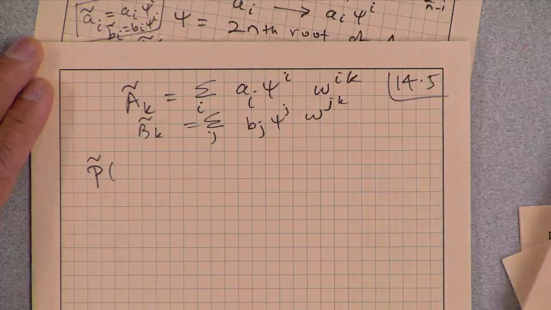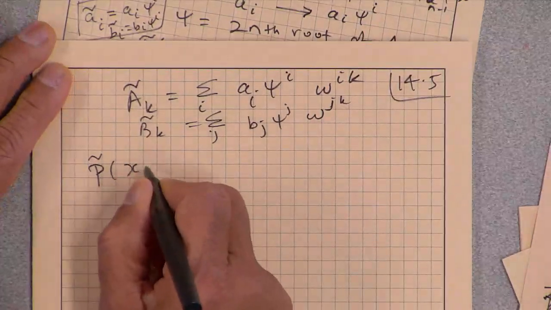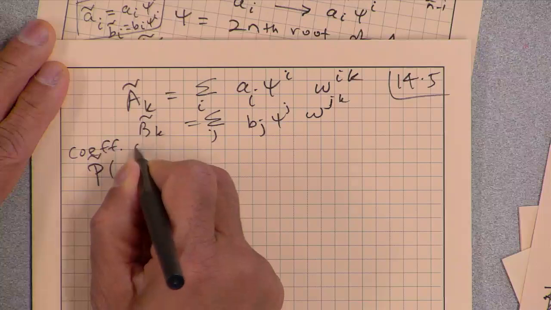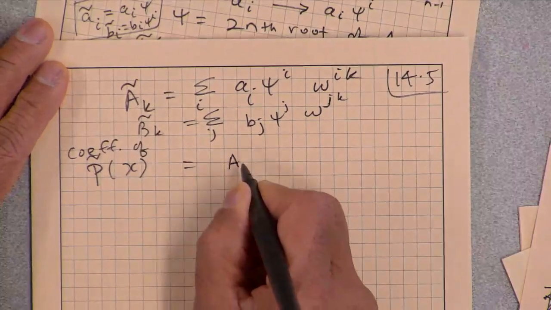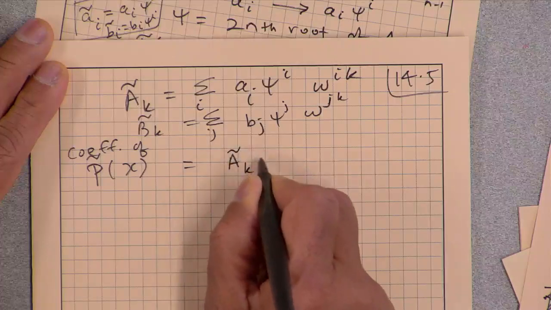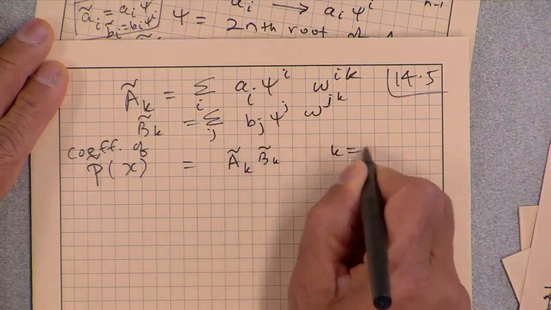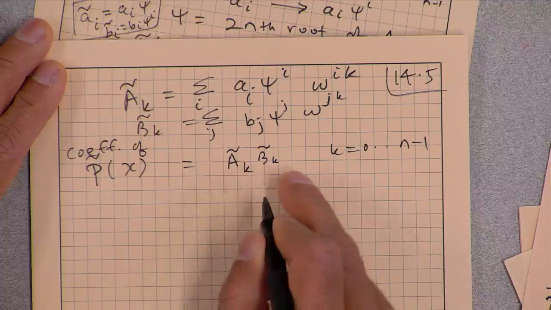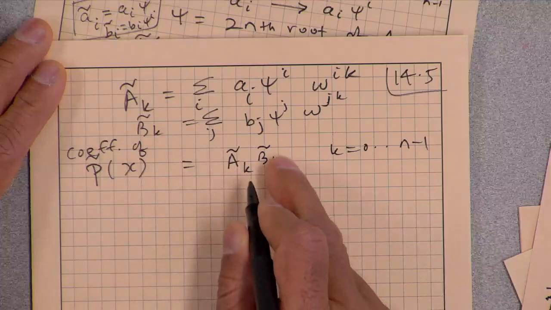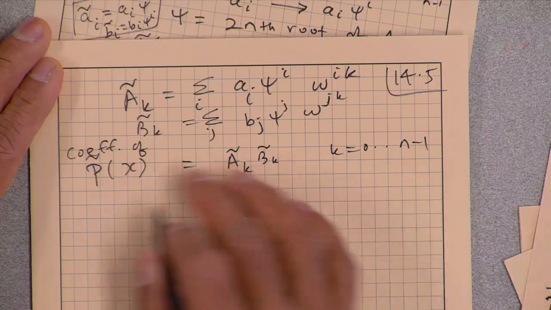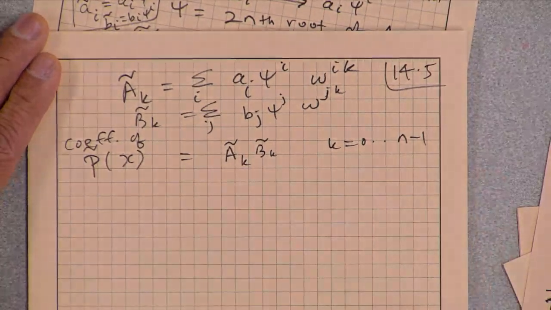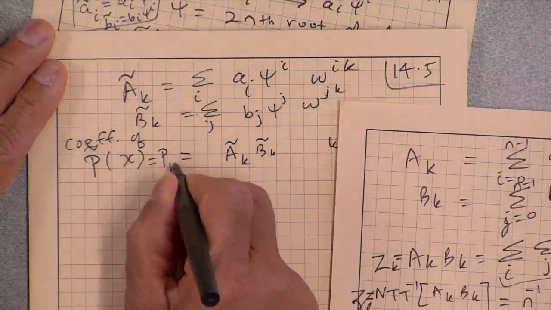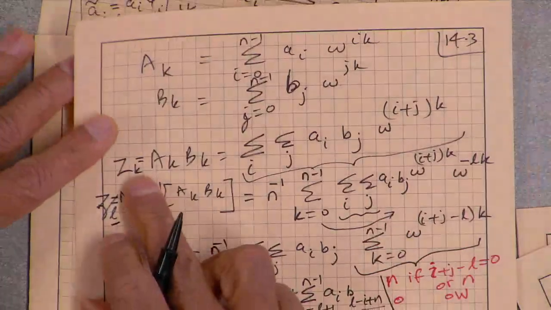The coefficients of P tilde x will be equal to the point-wise product A k tilde B k tilde, with k ranging from 0 to n minus 1. So the whole polynomial will be A0 tilde B0 tilde plus A1 tilde B1 tilde x plus A2 tilde B2 tilde x squared, and so on. Let's call these coefficients P k tilde.